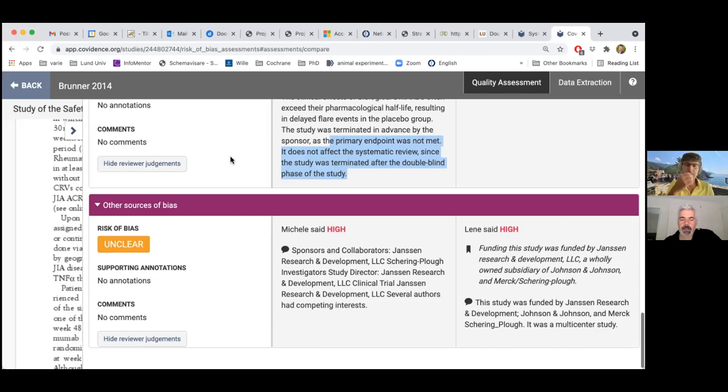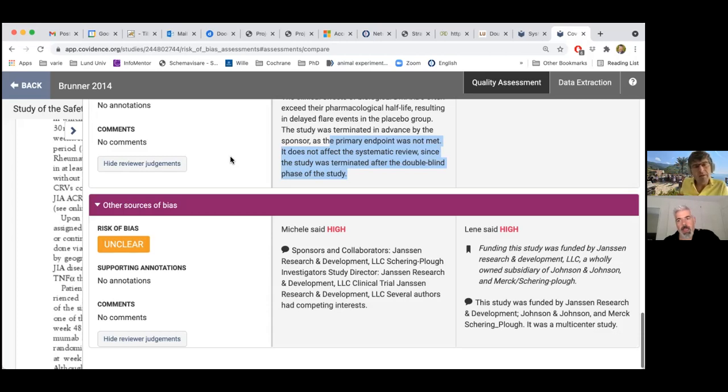Do you think that the design of the study with withdrawal, randomized trial, could be considered a source of bias? Can you explain again?